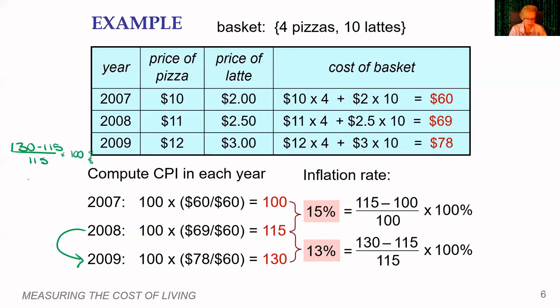So let me grab my calculator real quick. 130 minus 115 divided by 115 times 100 would be 13.04%. So prices increased 13 percent. And that's how we could do it. But there's another explanation that you totally would want to put in here, and that would be using 2007 as a base, because you're going between years, so you kind of want to make that very well known in your interpretation.